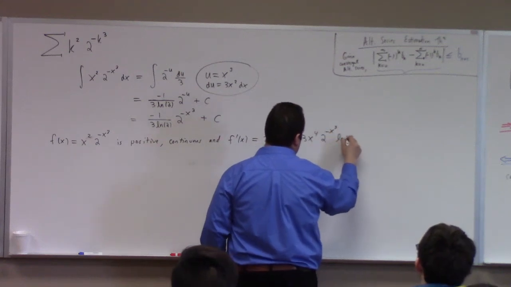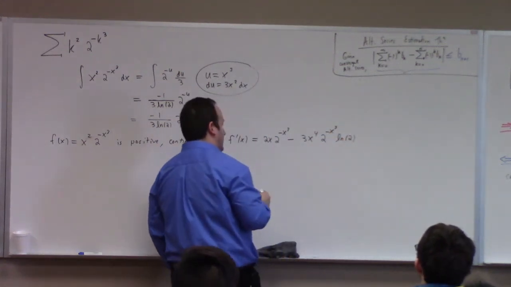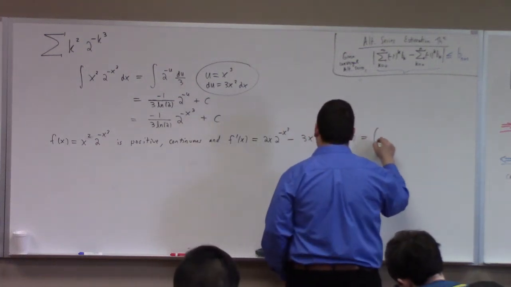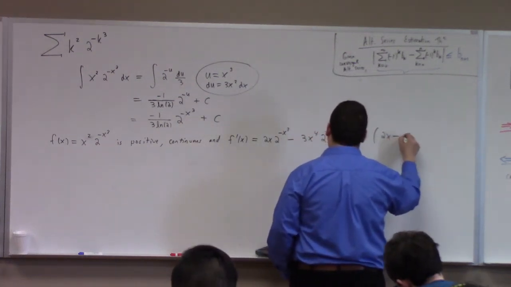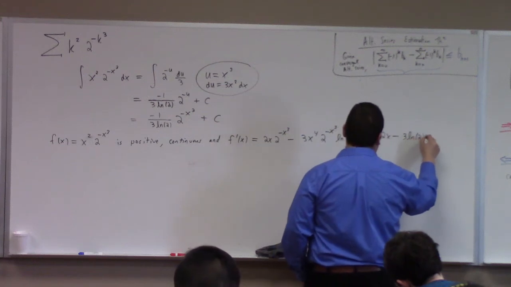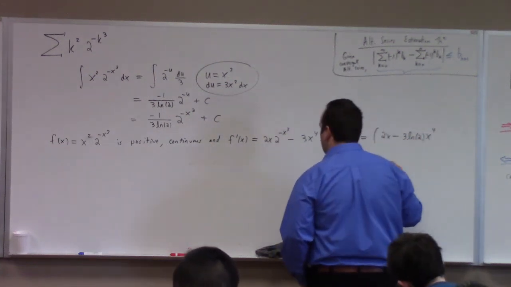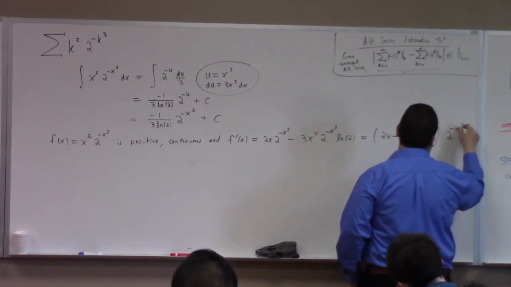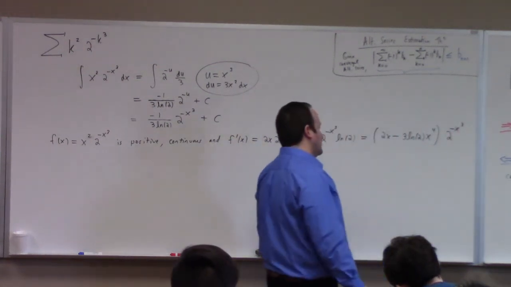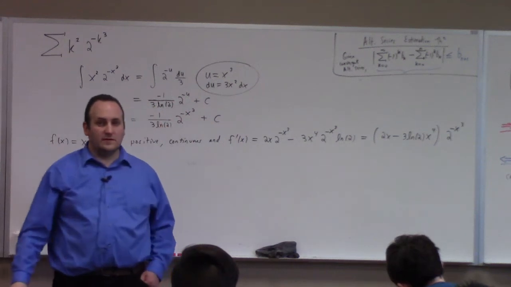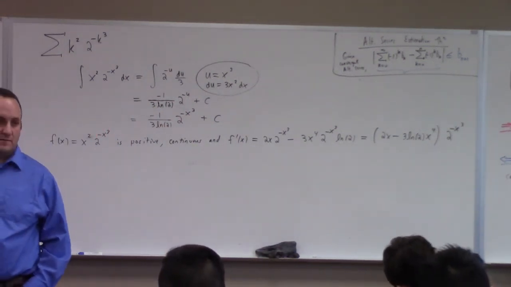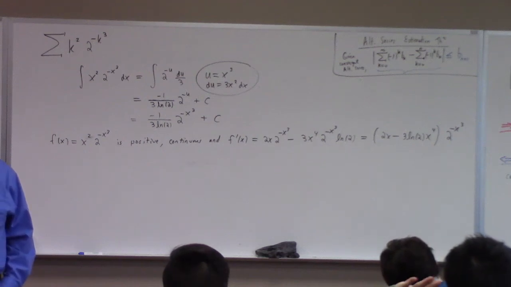Don't forget your natural log of 2. And so if you rewrite this, what you got yourself is 2x minus 3 ln of 2 times x to the fourth, all times 2 to the minus x cubed, right? It's fairly obvious that for x sufficiently large, that's decreasing. That's negative, right?